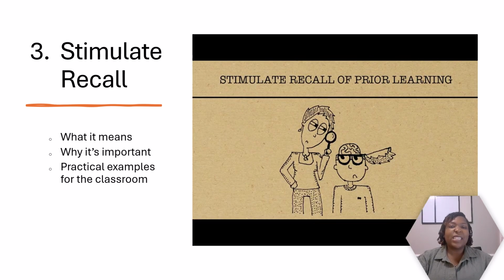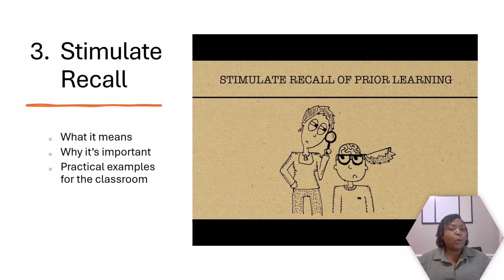Next of Gagne's events is number 3, stimulate recall. This is where you're activating students' memory by linking new content with what they already know. By connecting new material to something students already know, we create stronger and more meaningful learning.